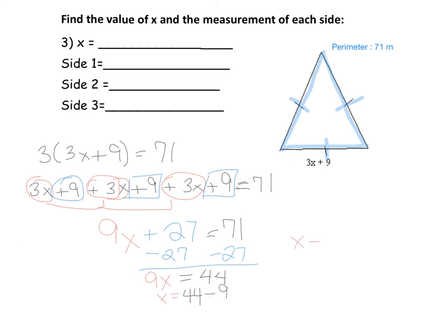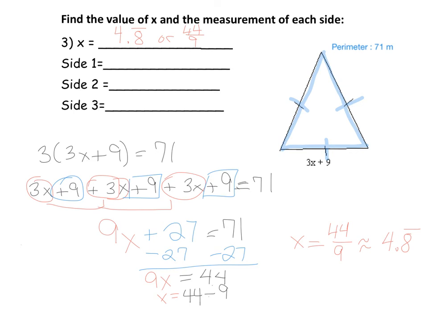We get that x is going to equal, it's not very pretty, we can leave it as 44 over 9, or we can say that it's about 4.8 repeated. It is your choice whether you leave it as the improper fraction or the repeating decimal.